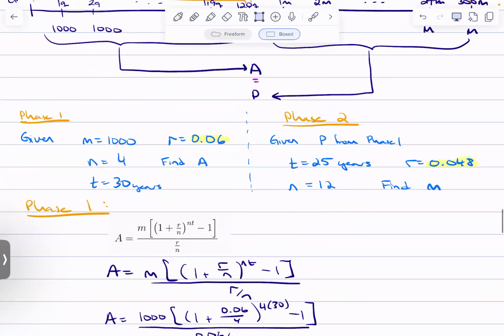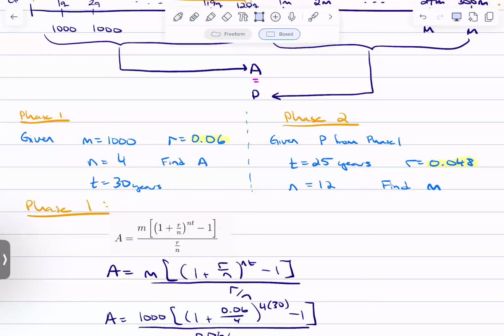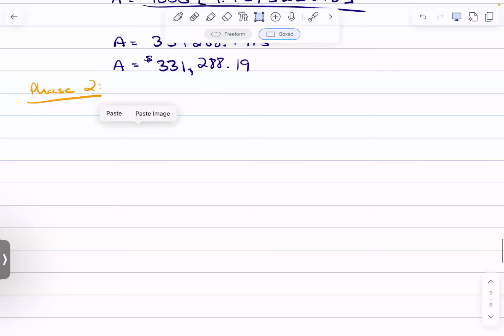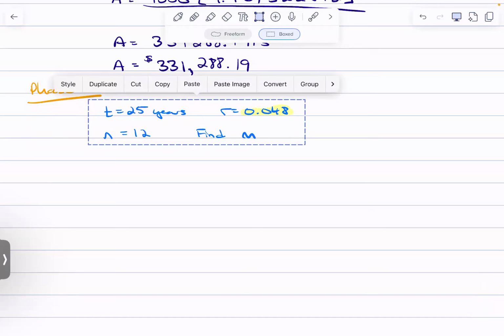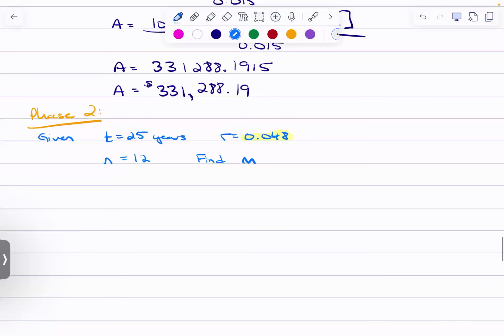So now I'm just going to copy what we were given so I don't have to scroll around so much. And P is going to be this $331,288.19 from phase 1.